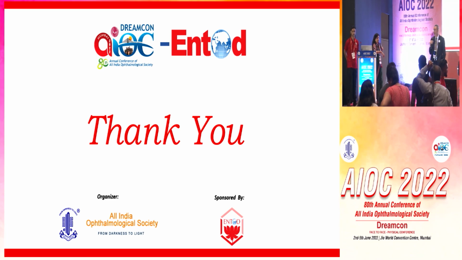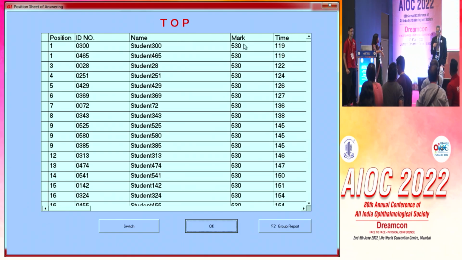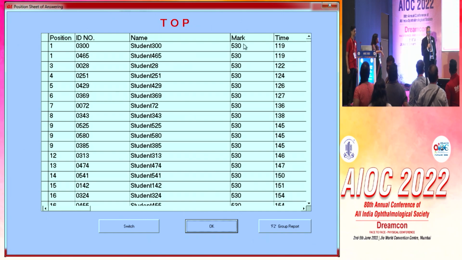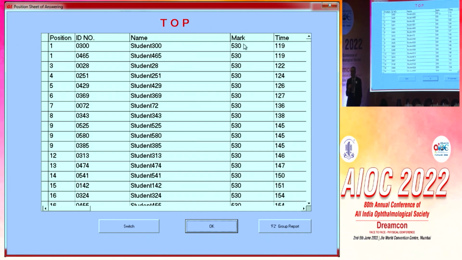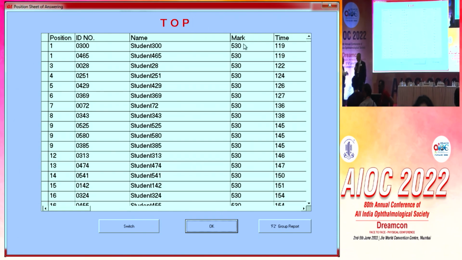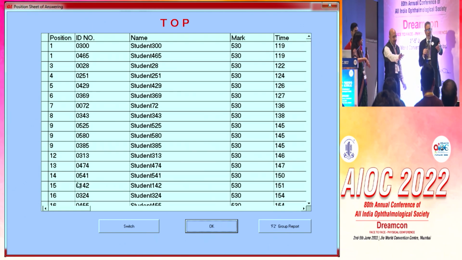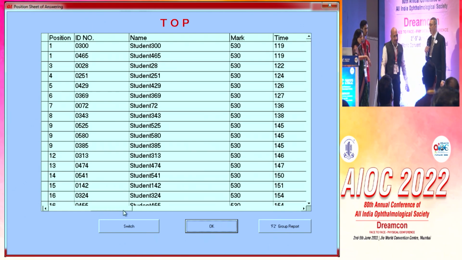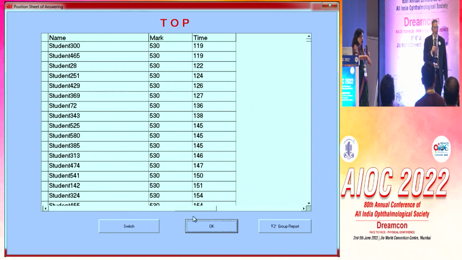Yeah, that's what they're doing. So the marks are totally incorrect. This is only the fastest finger type of thing. But we want to know the marks that everyone has got.